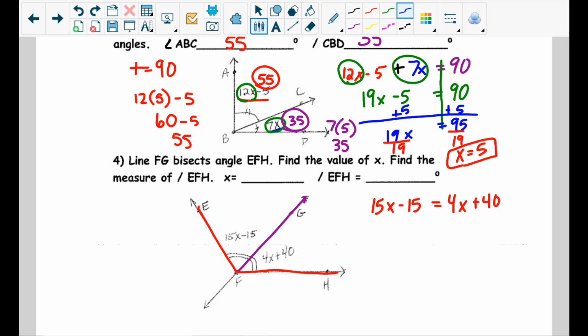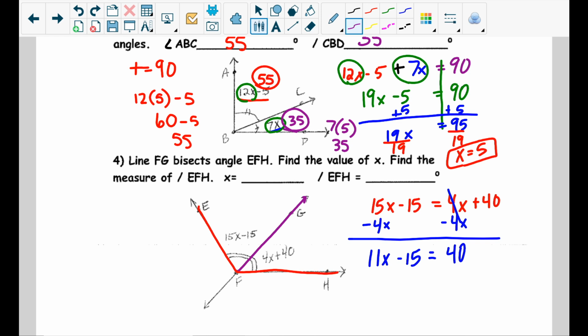Subtract. Doesn't matter which one you want to subtract. I like the smaller one, so I'm going to subtract 4. So minus 4x on both sides. Whatever I do to one side, I have to do the other. So 15 minus 4 is 11x. Negative 15 comes down. 4 minus 4 is 0. Equals 40. Now what?